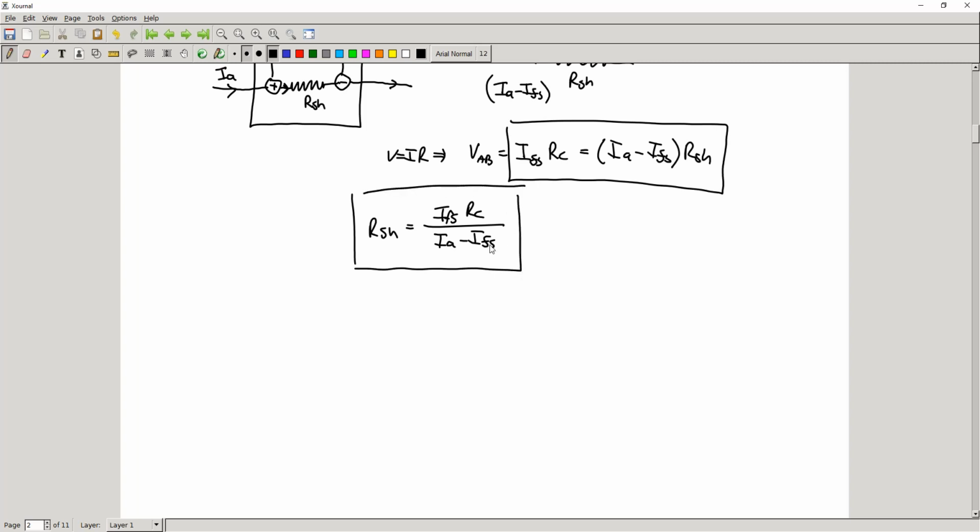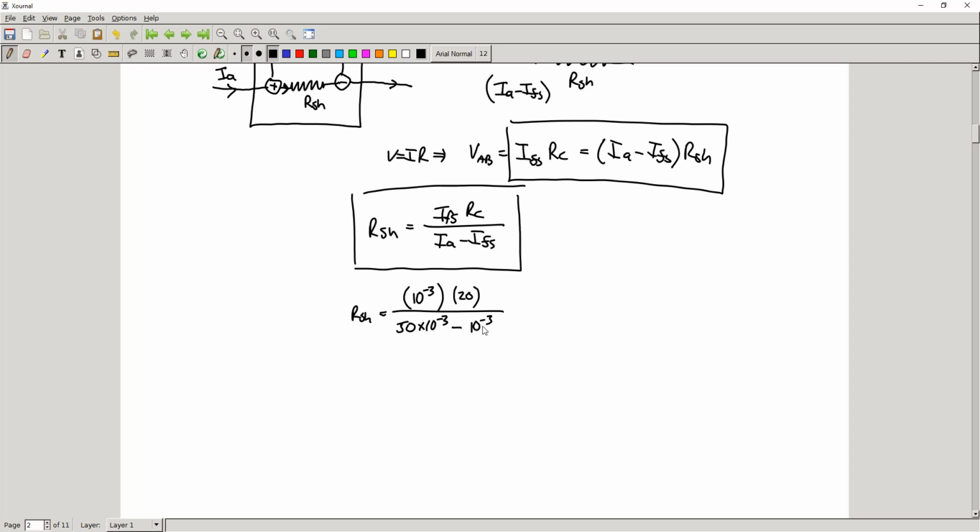We know what IFS is, we know what RC is, and we know what IA we want to give us that full scale reading, so we can substitute in these numbers. RSH is equal to IFS, which is 10 to the negative 3, times RC, which is 20 ohms, over IA, which is 50 times 10 to the negative 3, minus again an IFS of 10 to the negative 3.